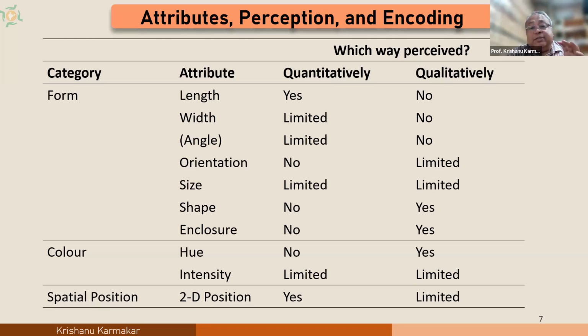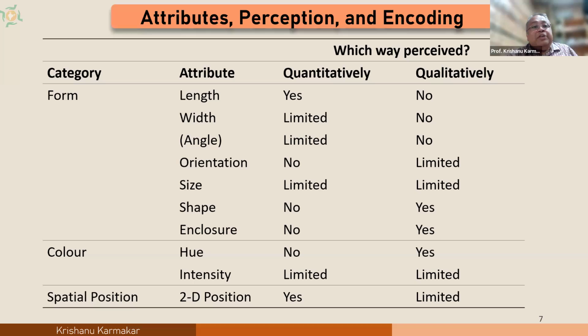But each of these geometric shapes, what are the attributes that they have? Just think of the rectangle. On one side, you can think of it, it has a length and it has a width. So length is one attribute, width is another attribute. In case of a triangle, or in case of a piece of a pie, the angle is also one of the attributes.